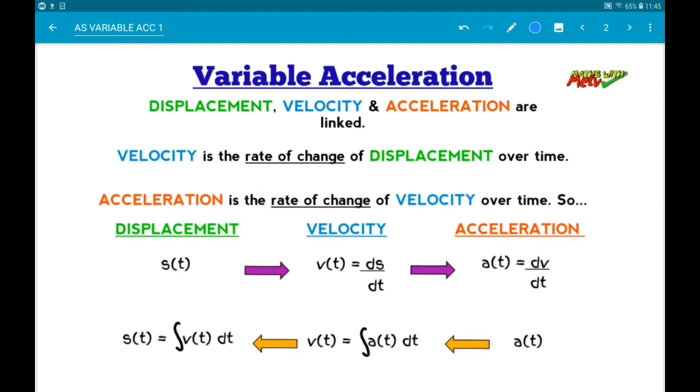So, to get from displacement to velocity, differentiate. To get from velocity to acceleration, differentiate. To get from acceleration to velocity, integrate. To get from velocity to displacement, integrate.